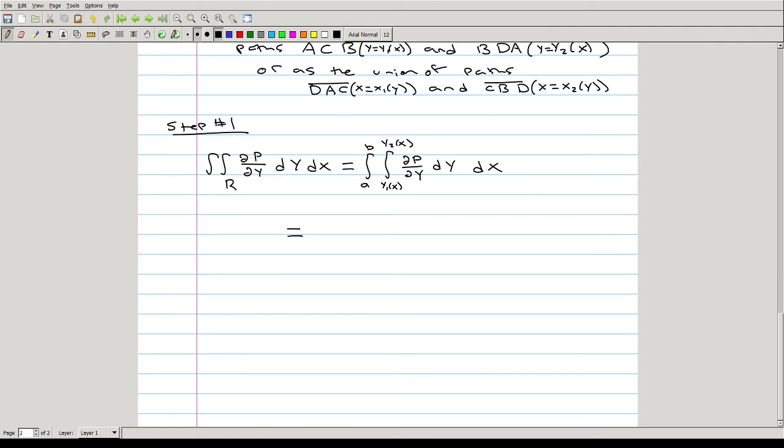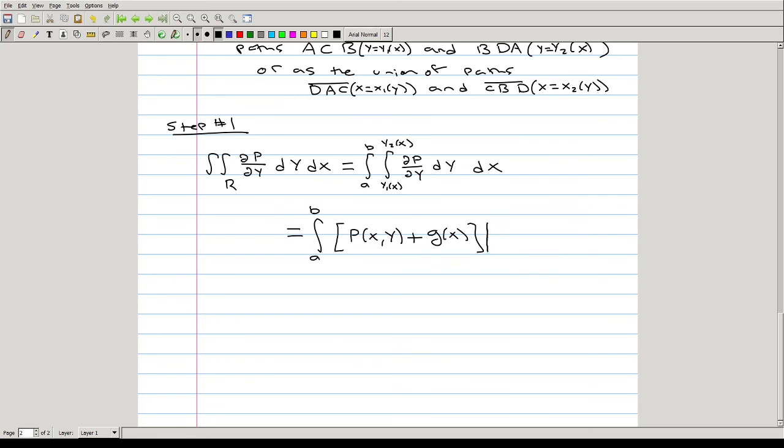So we know that this is going to be exactly equal to, from the fundamental theorem of calculus in 1D, the value of p at x comma y plus, in general, some function g of x. That's the antiderivative of the partial derivative of p with respect to y: in general it's p of x, y plus some arbitrary function g of x.